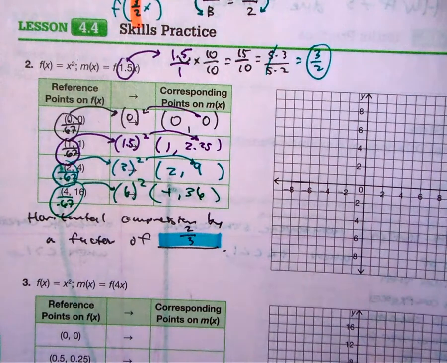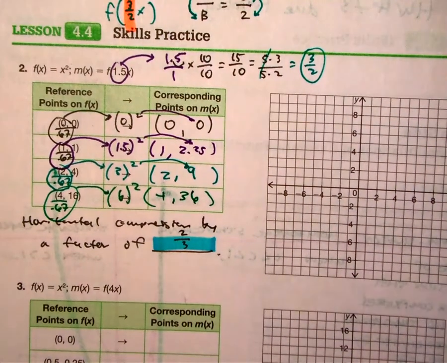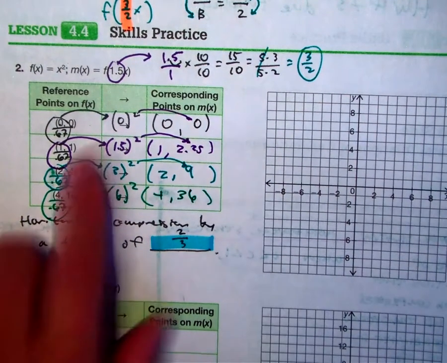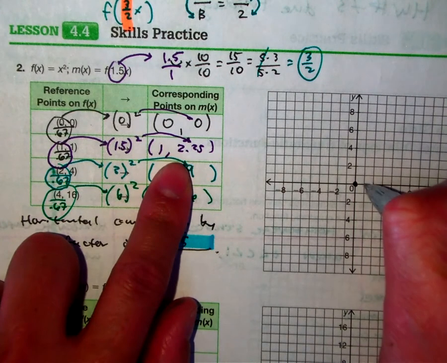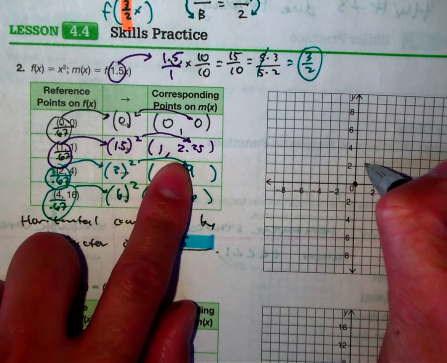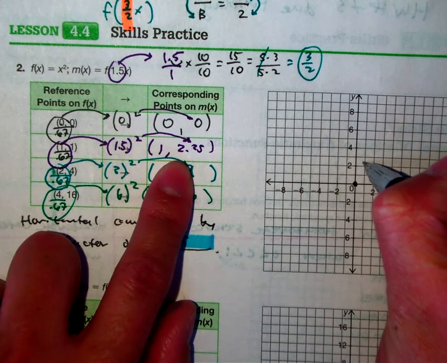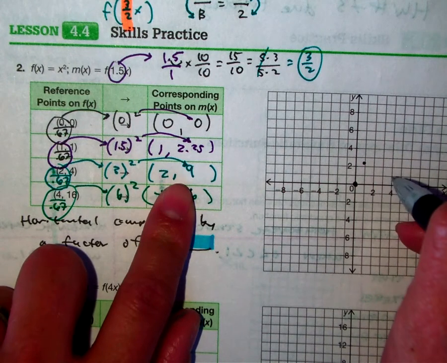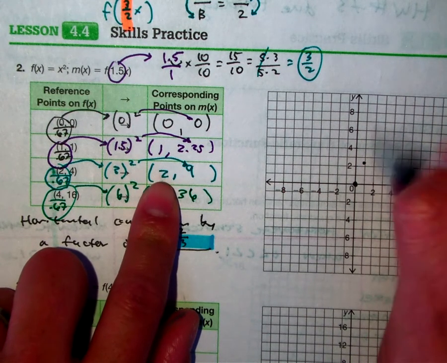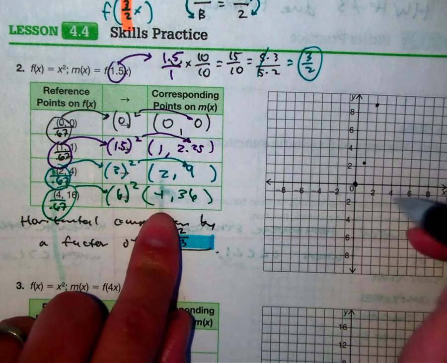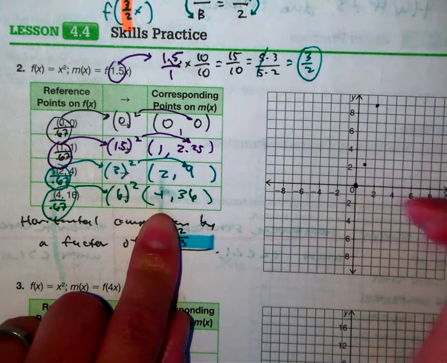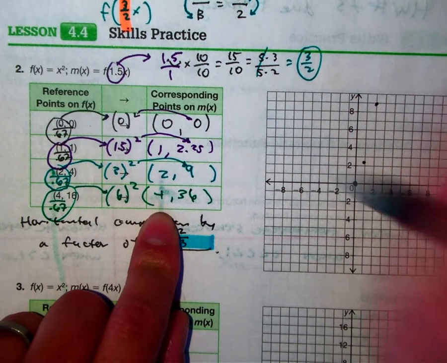Let's go ahead and make a quick sketch of this. 0, 0. 1, 2 1/4, so a little bit above 2. 2 and 9. And then 4 and 36 will be above this, right? And then here, to find the symmetrical points, you basically do the same thing.